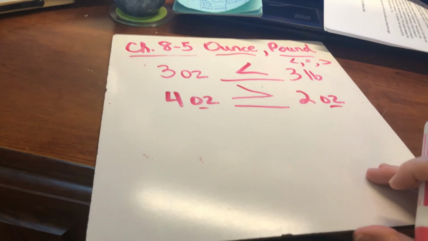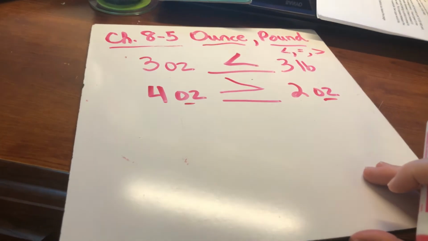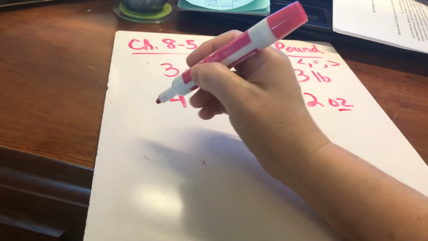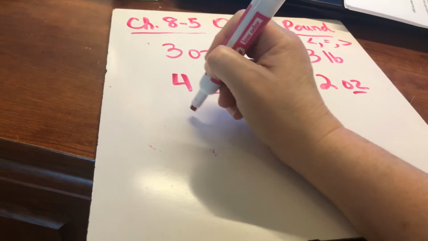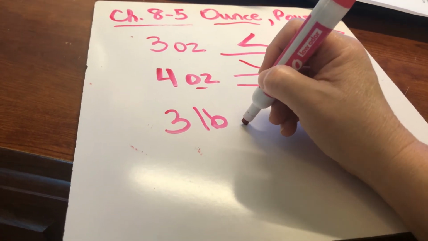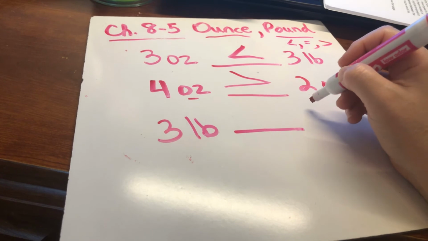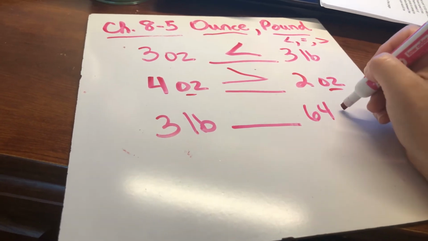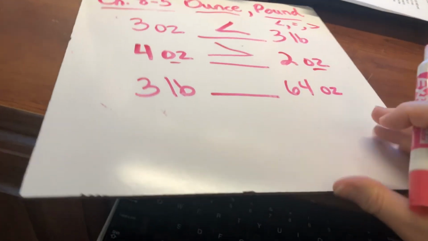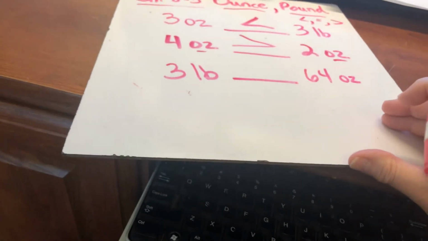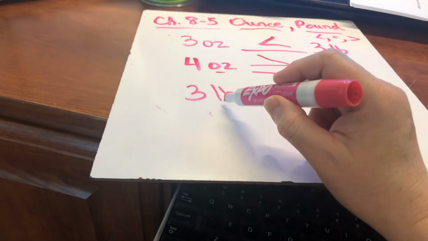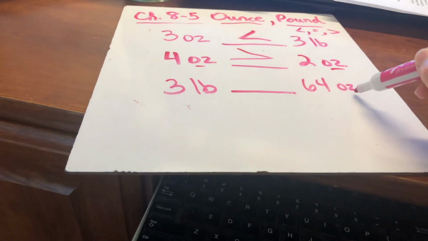Okay, so now what if the numbers are different and the units of measure are different? What if you were given something like this? 3 pounds compared to 64 ounces. Again, the first thing you look at is the units of measure. I have pounds, I have ounces.